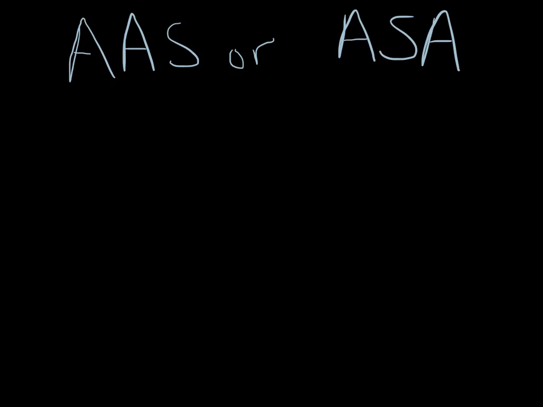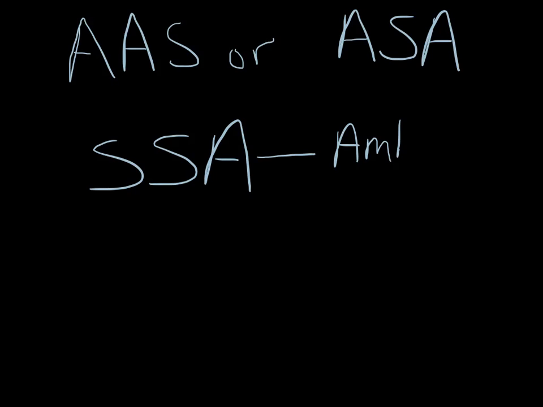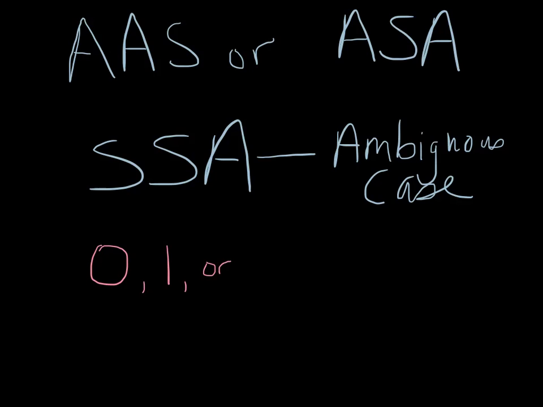Now we can also use the law of sines if we are given side, side, angle, but this is the ambiguous case. And in the ambiguous case, with side, side, angle, we're either going to get 0, 1, or 2 possible triangles.